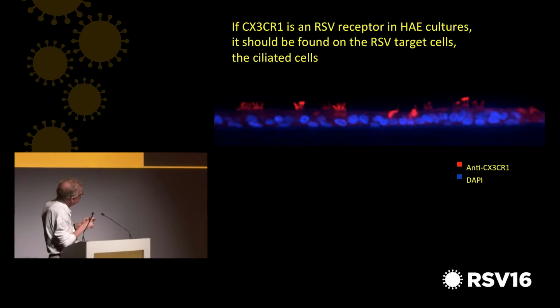And what you see, at least if you're near the front, is that the cilia are the only things staining. These are kind of flopped over here. But in some cases, you can see that the staining is right at the top. So the protein is in the right place at the right time to be the receptor for the virus.